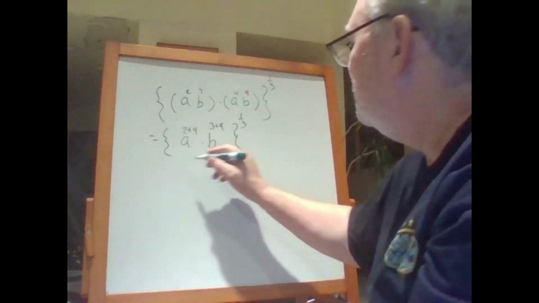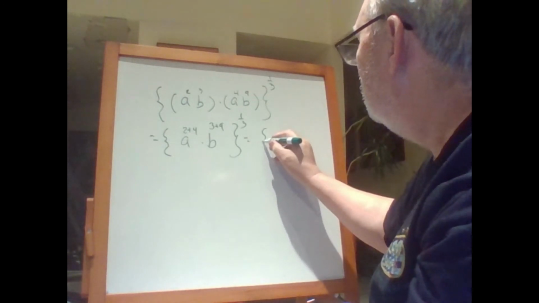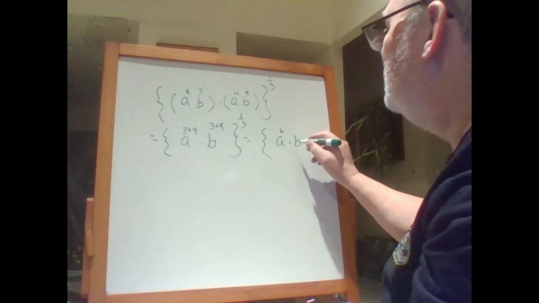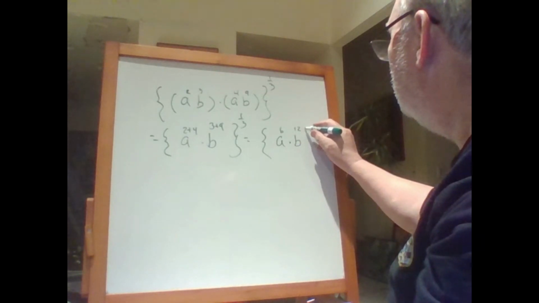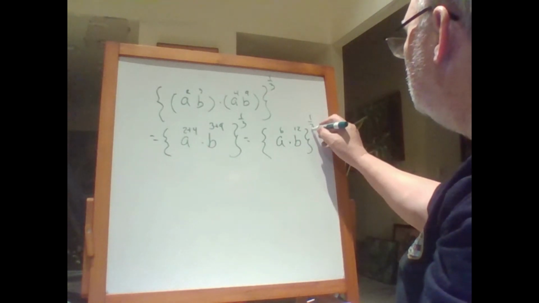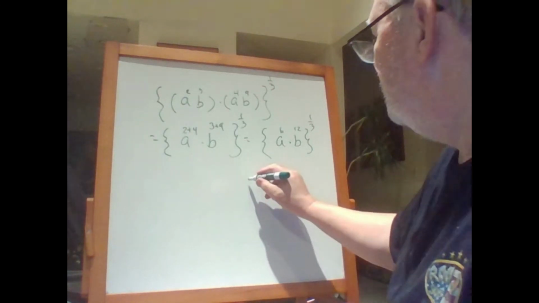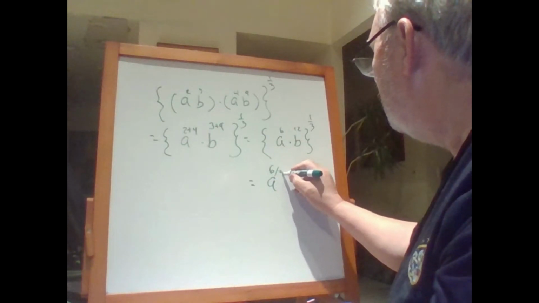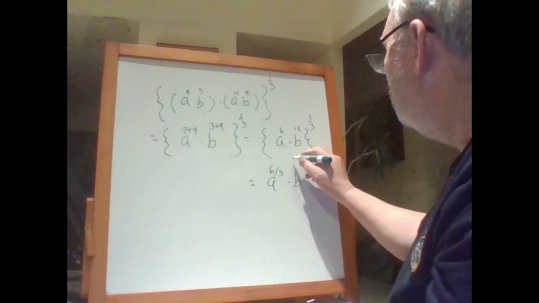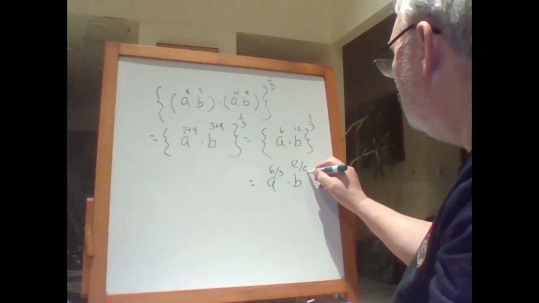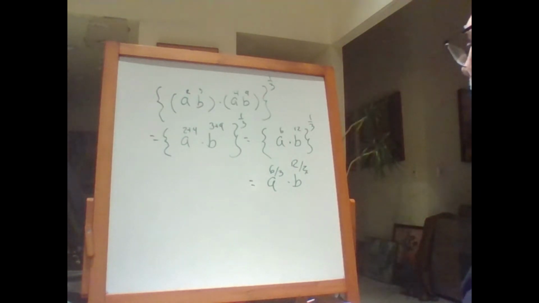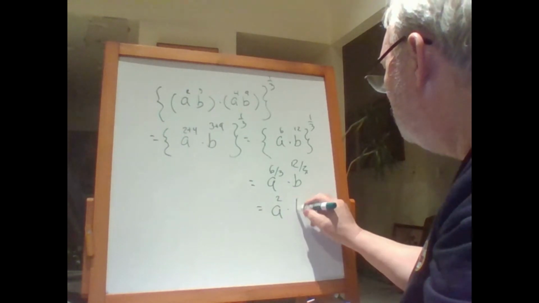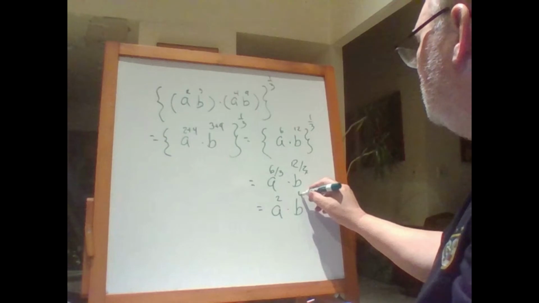And that's equal to a to the 6 times b to the 12th, to the 1/3. And that can be reduced to a to the 6 divided by 3 times b to the 12th divided by 3. And this is a squared times b to the 4th.